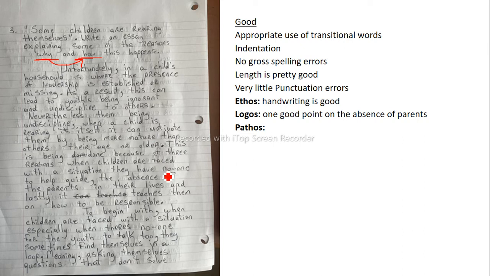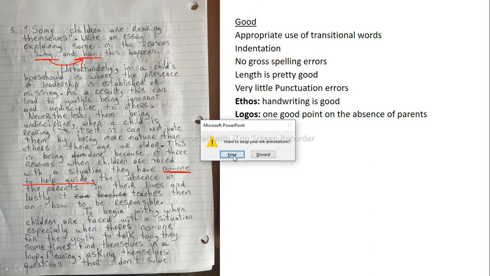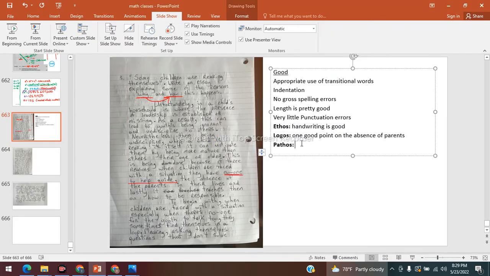It just feels strong. I like the language they use. They said no one to help guide. You can feel the solitude inside that. That just sounds deep. The author is really trying to let you be sympathetic to them, right? Because they say no one to help guide. I like that.